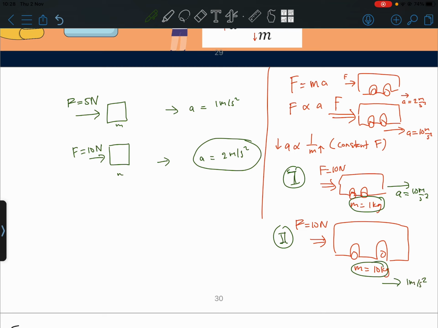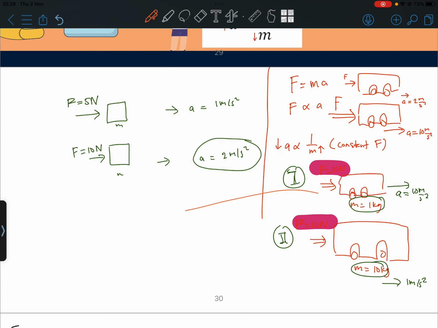Because a lighter object will possess a huge acceleration compared to the heavier object, given that the force is constant for both of them. Remember the force must be constant, 10 newtons each. But you can prove this by using the formula.